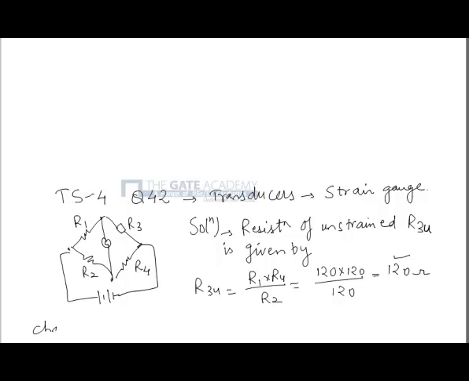So we'll go as change in resistance. We'll denote it by delta R4, a small change, in order to balance the bridge when strain is applied.